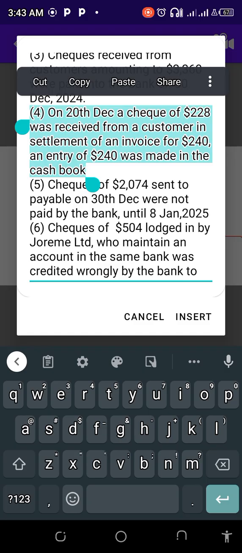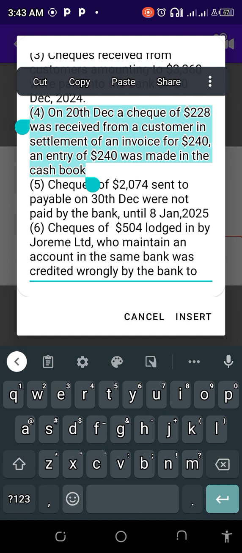That means the receipt side of the cash book, which is the debit side, has been overcast. To correct it, the difference should be posted to the credit side of the cash book in order to reduce the overcast.